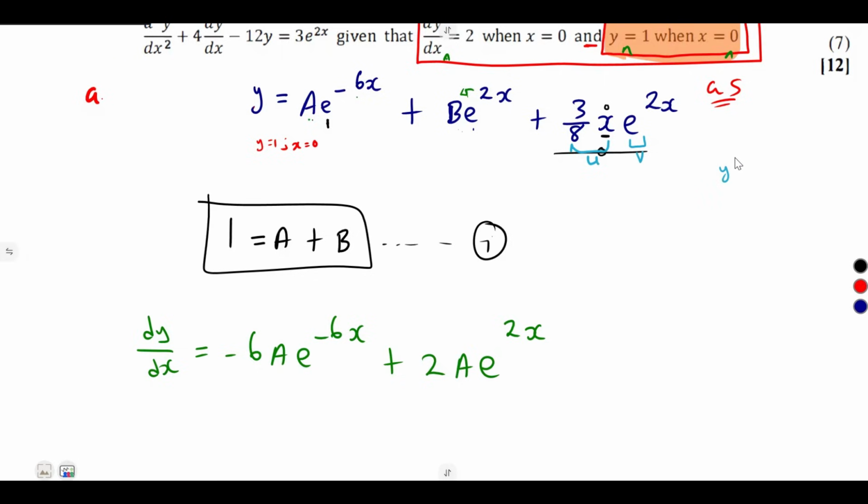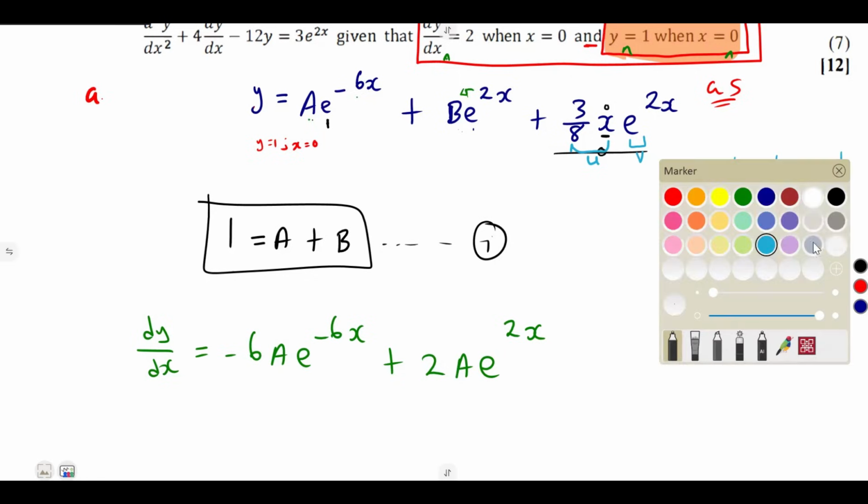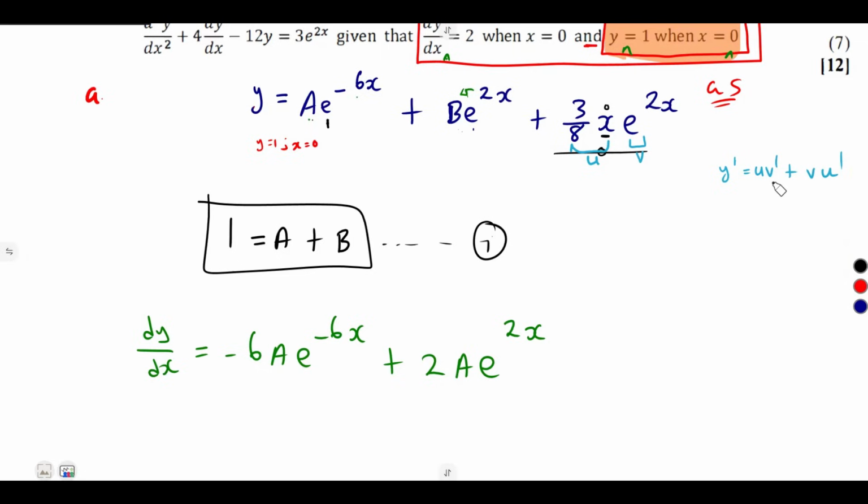So remember, we say the derivative of y is going to be u times the derivative of v plus v times the derivative of u. So if we were to apply this, our u is what? 3 over 8 x. All right, let me just rewrite it down. 3 over 8 x times the derivative of v, which is our e.